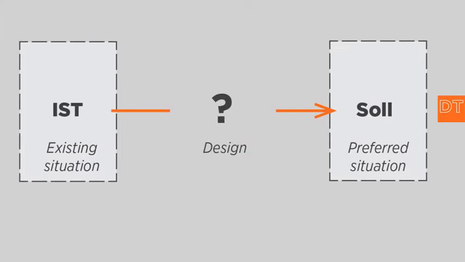There is an existing situation, as it is today, what I sometimes name in German the Ist situation, and there's a preferred situation, something in the future that we think is better than today's world. That's the Soll. And design, as he defined it, is nothing more and nothing less than how to get from the Ist to the Soll.